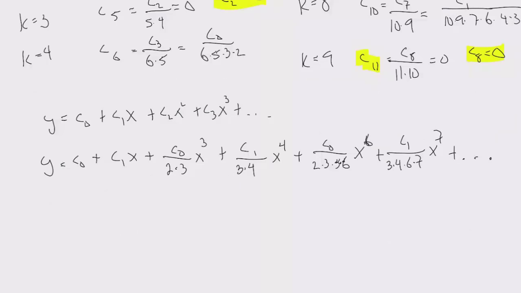And then also identify that in general, our solutions are going to look like y equals C naught y1 of x plus C1 y2 of x.